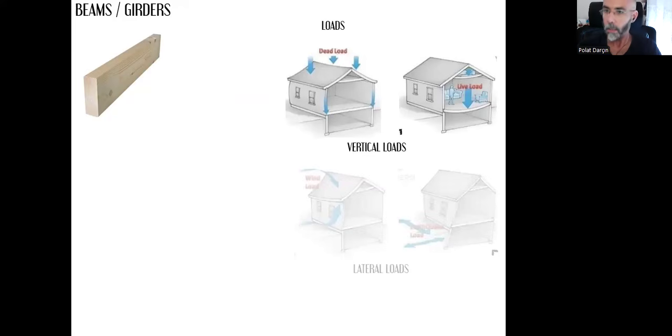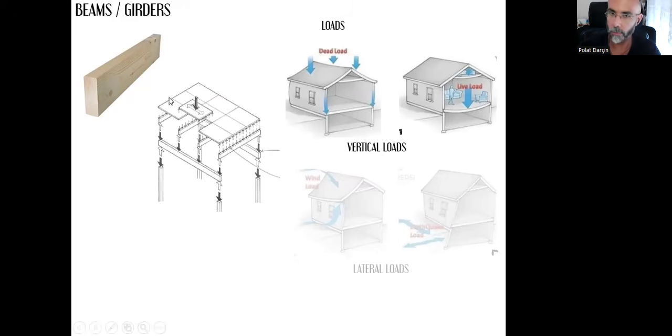And they are subjected to both, again, vertical and lateral loads, but mostly the vertical loads because they are placed right under the floor surfaces, floor body, and all the loads that a floor surface gets, they are transferred to the beams first.